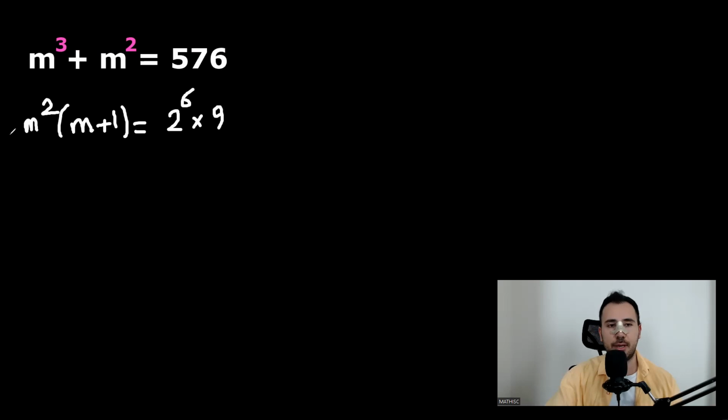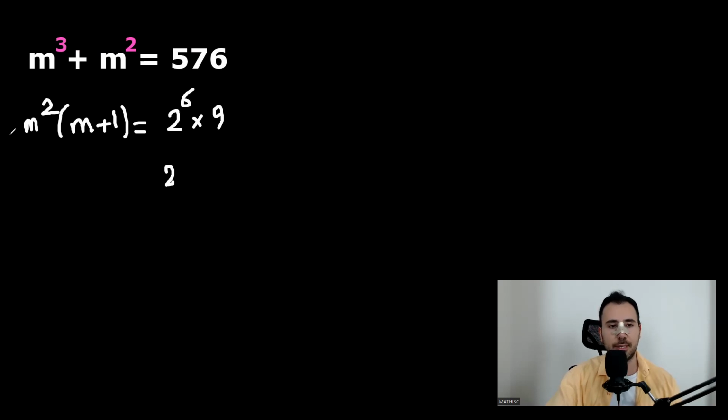Comparing the two sides, I could write this 2 to the power of 6 as 2 to the power of 3, to the second power, right? Making it 8 to the power of 2.